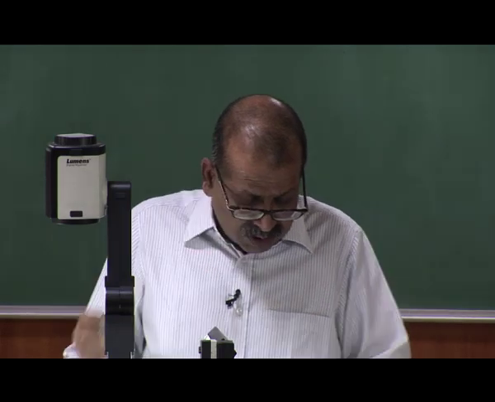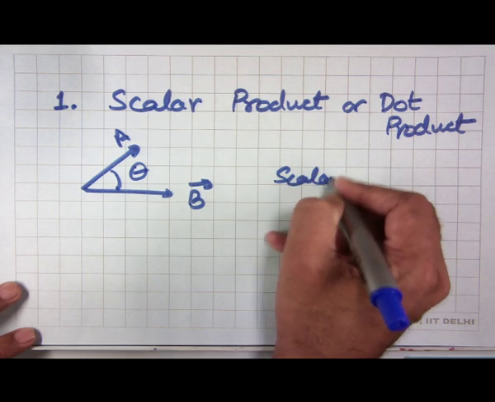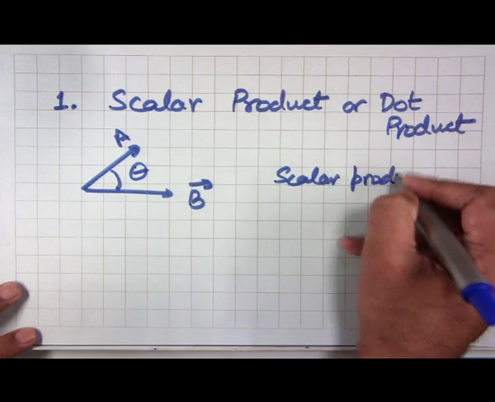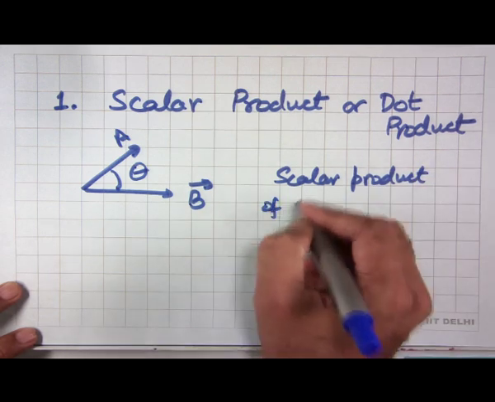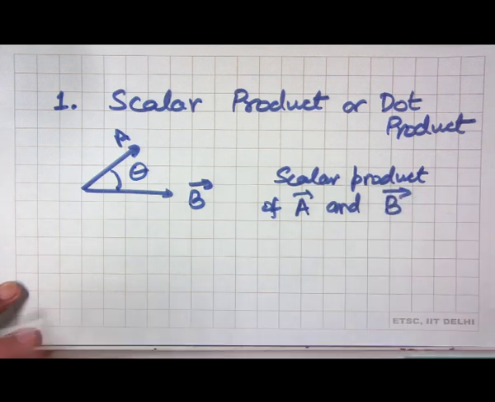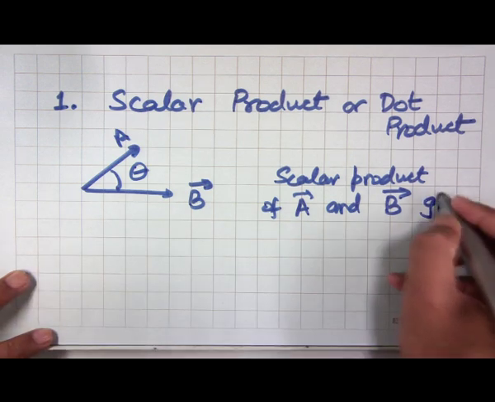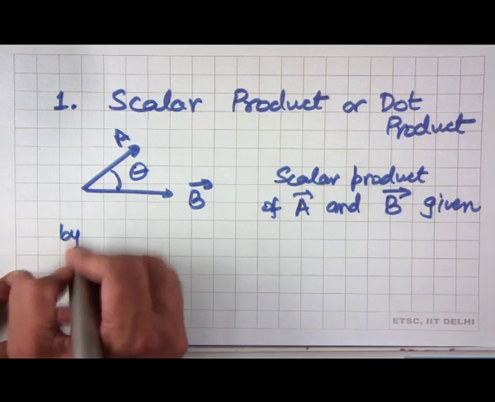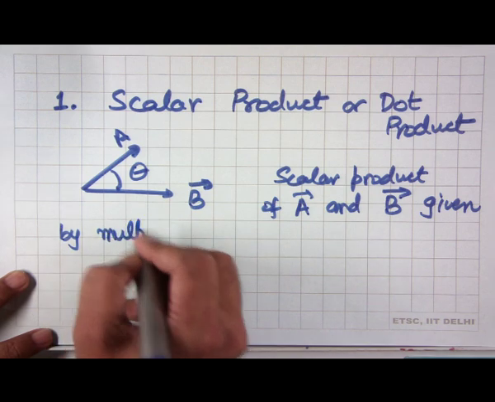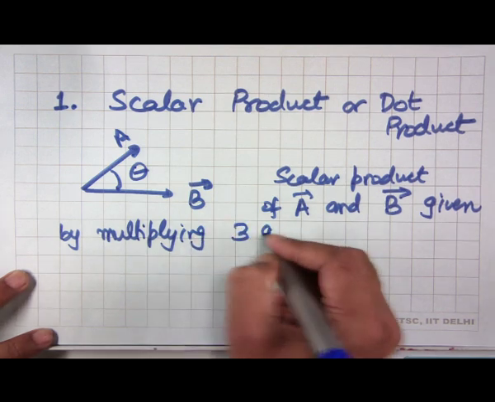So, we look at this now, the scalar product of vector A and vector B is given by multiplying three quantities.